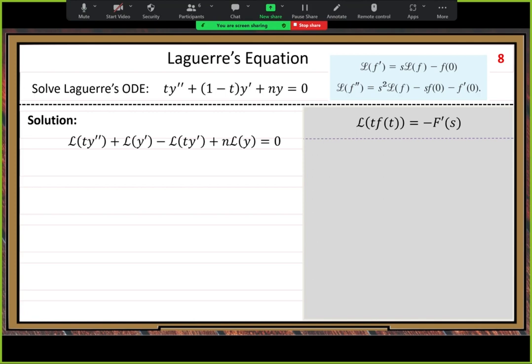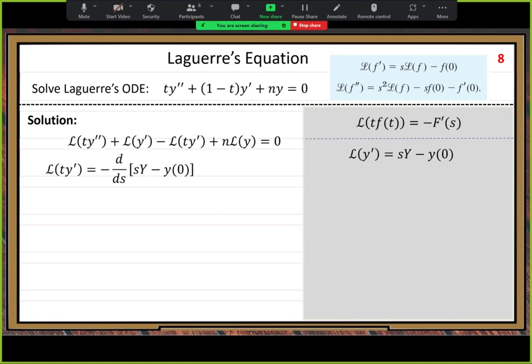So let's first apply Laplace transform. Now we need to calculate each term. For the terms containing t, we need to apply this formula. First, for the term without t, we can get an expression easily. Now for the term with a t, when we apply this formula, little f of t corresponds to y prime.